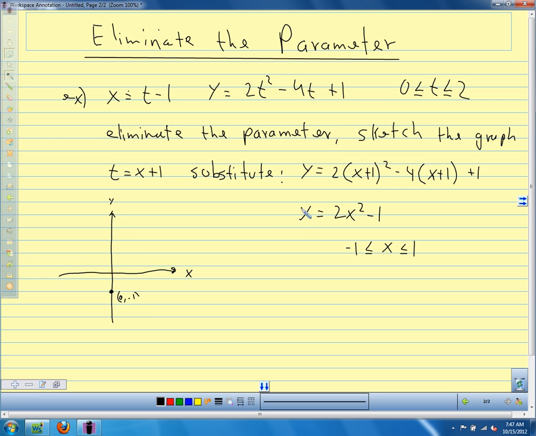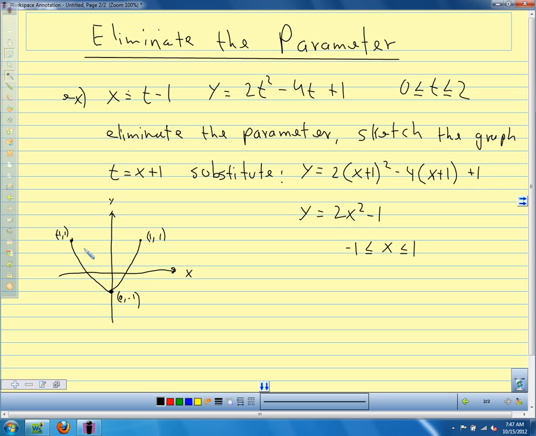And then when x equals 1, y is going to be 1. So we have a point up here at 1, 1. And when x is negative 1, we have a point at negative 1, 1. And what kind of curve connects these? Parabola. So there's a sketch of my graph.